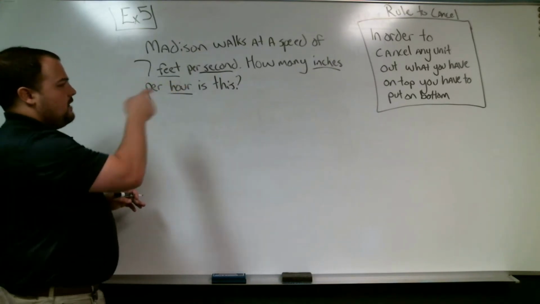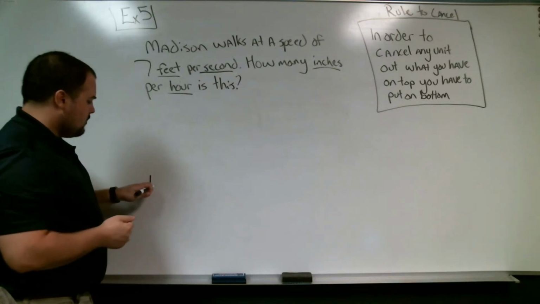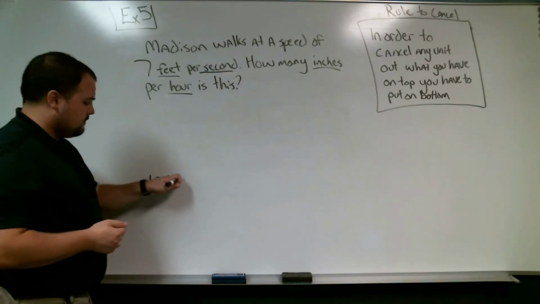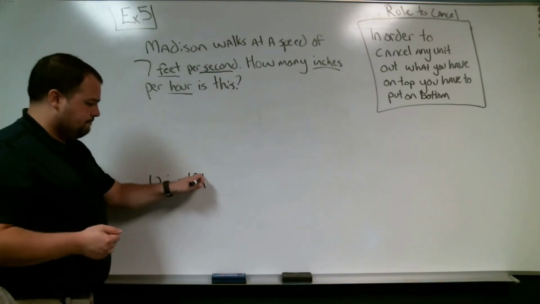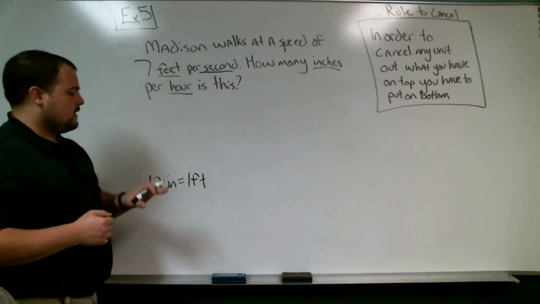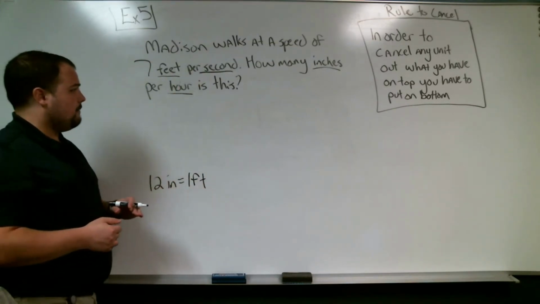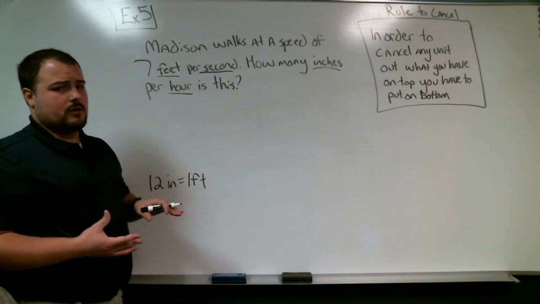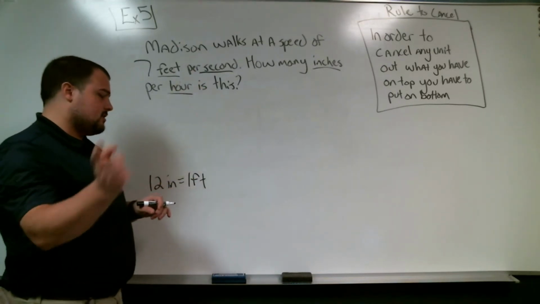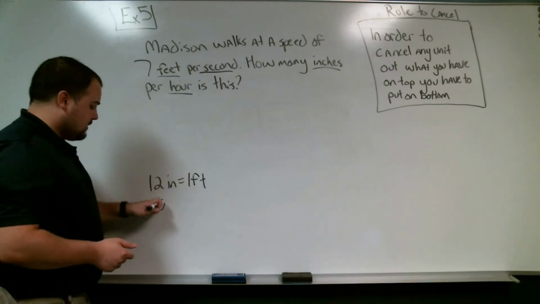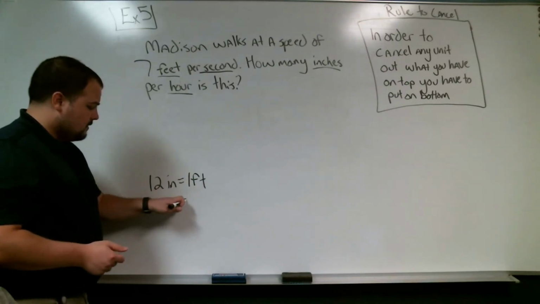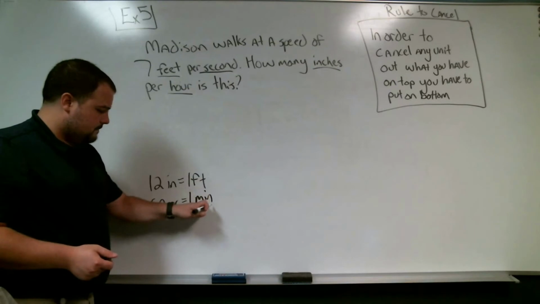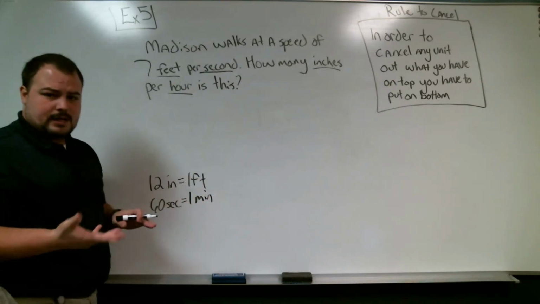So, start with feet and inches. Well, we know that there are 12 inches in 1 foot. So I can change feet to inches because I have everything right here. Now, we didn't write the information of how many seconds are in an hour, but we do know something about seconds, so let's write that down. There's 60 seconds in 1 minute. Okay, so we know something about minutes then.